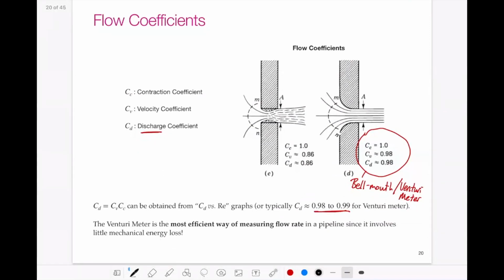So of the flow coefficients, the discharge coefficient is the ratio of our Q's. So CD is equal to Q actual over Q ideal.